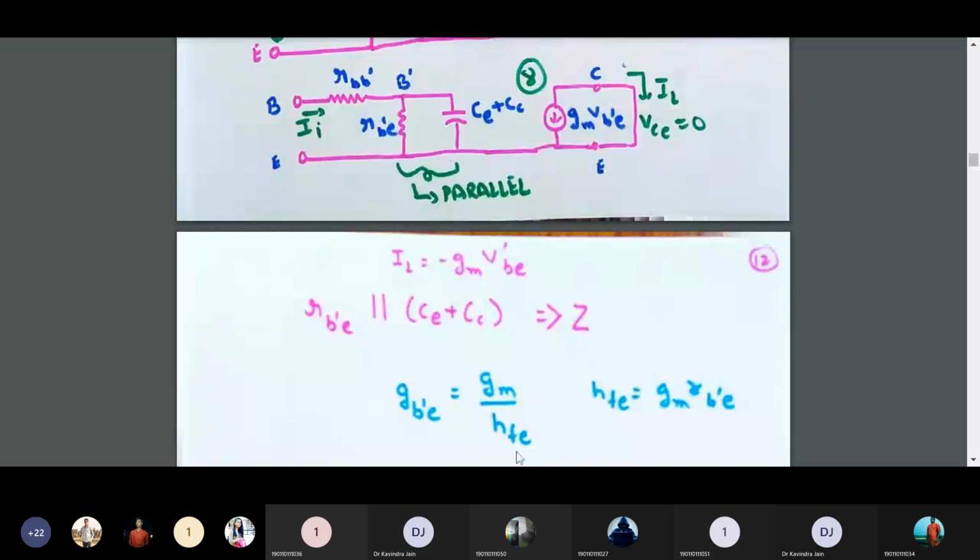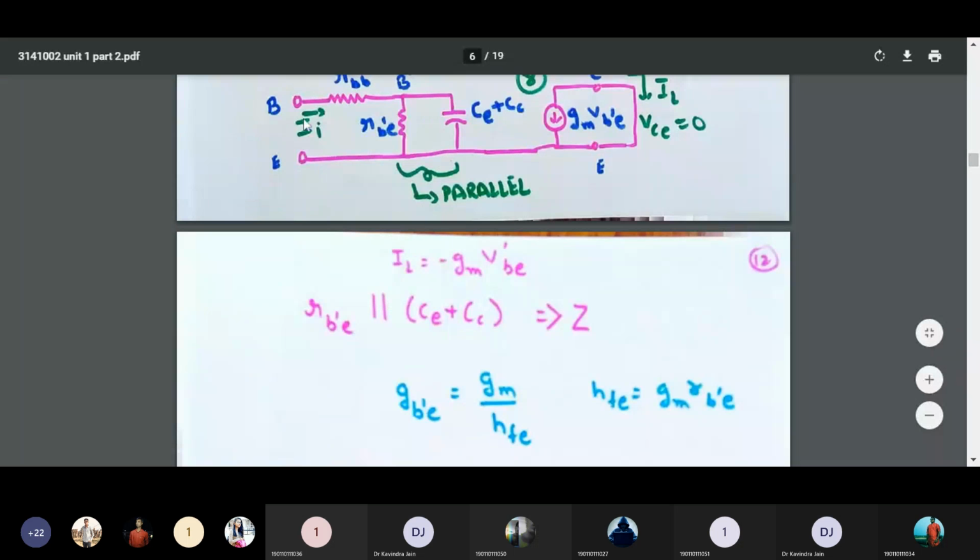Now VB dash E, the voltage between base and emitter, is equal to II into Z. Are you able to see the voltage at B dash and E?